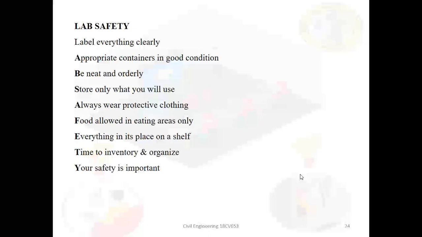Your safety is important. So for lab safety, we should follow this procedure: be neat and ordered, keep containers in good condition, always wear protective clothes, food only in eating areas, everything in its place on a shelf, and take time to inventory and organize. Your safety is important.